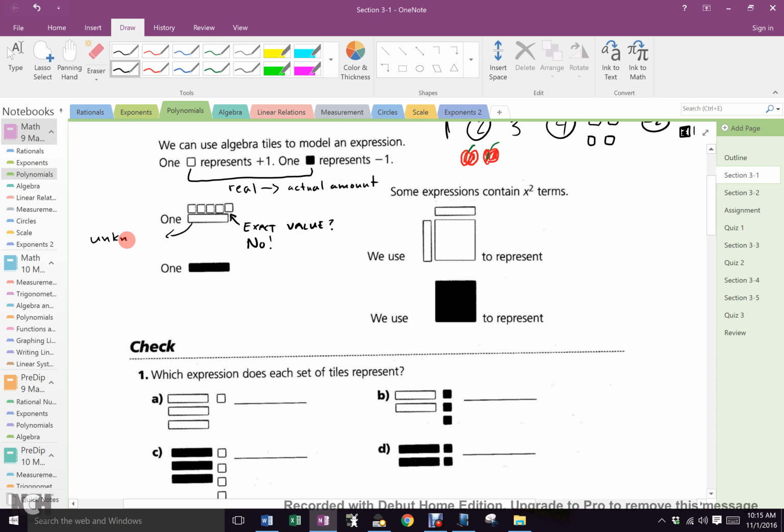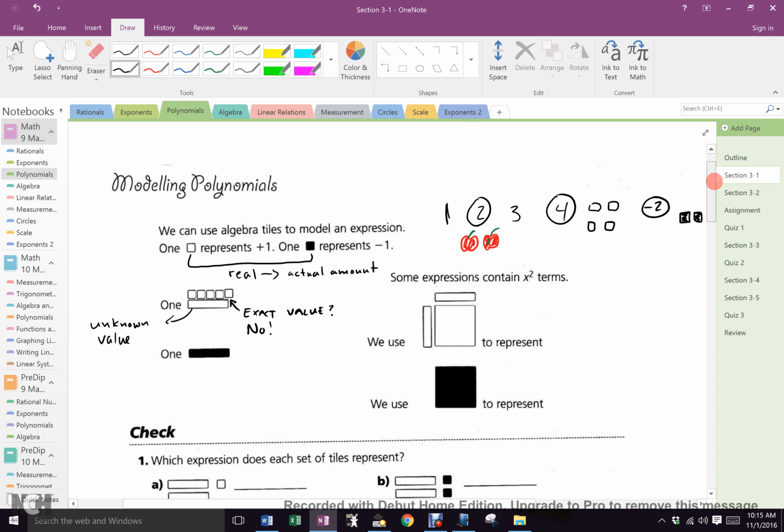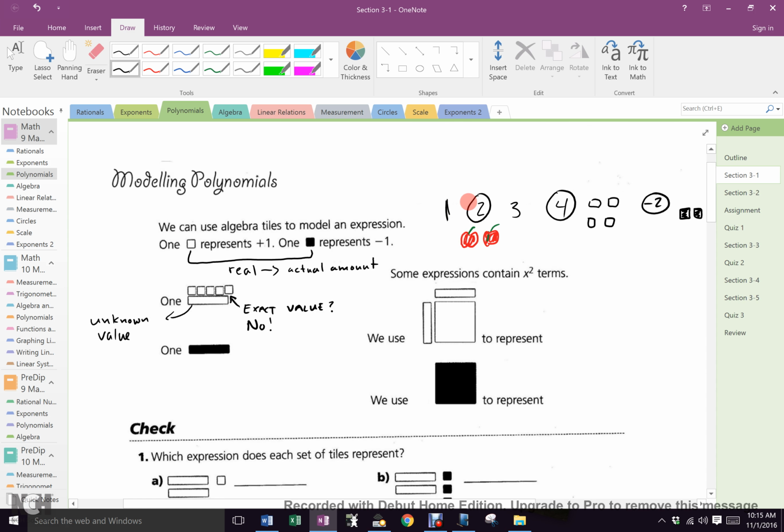Right. And we talked about it yesterday. An unknown value. In math class, when we don't know a value, do we have a symbol for it? How many fingers am I holding up on my left hand right now? Do you know? You have no idea, do you?